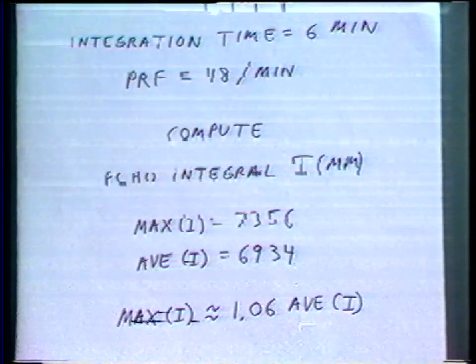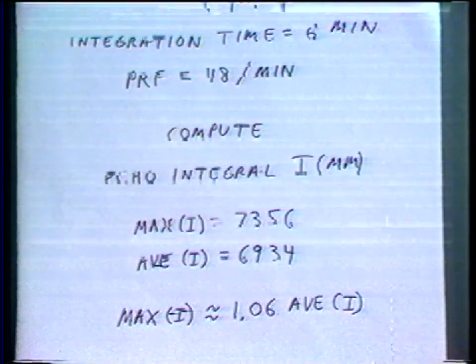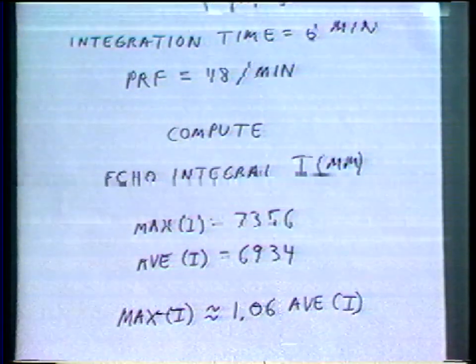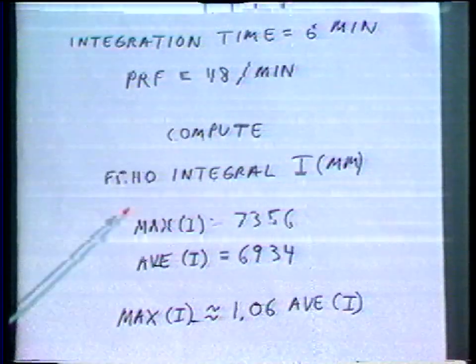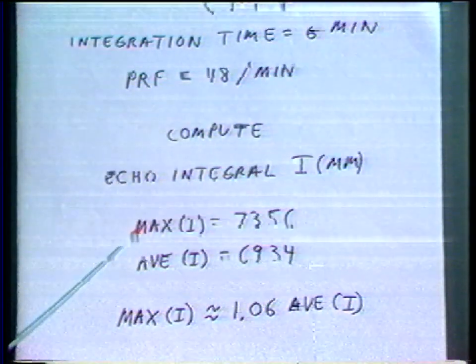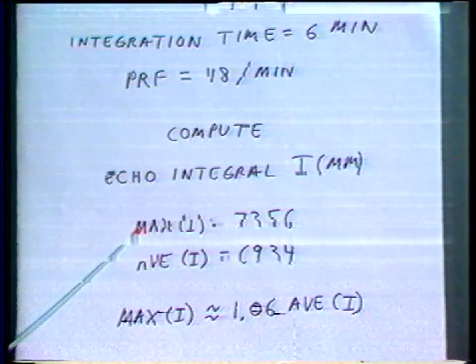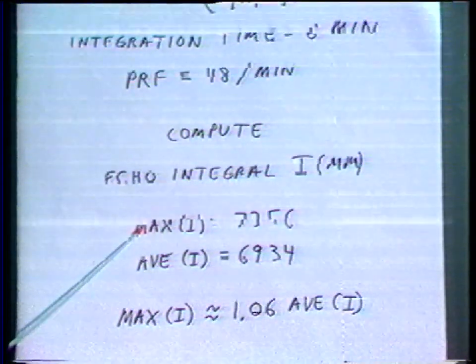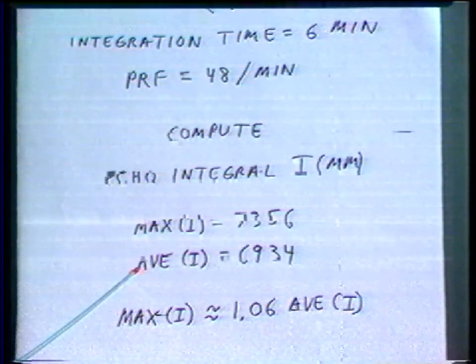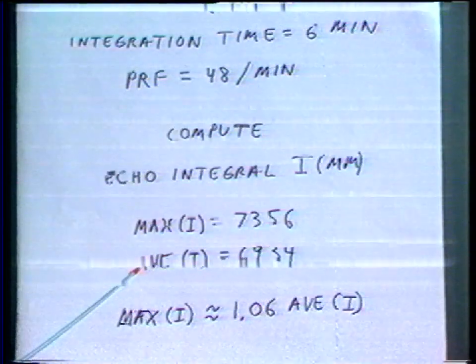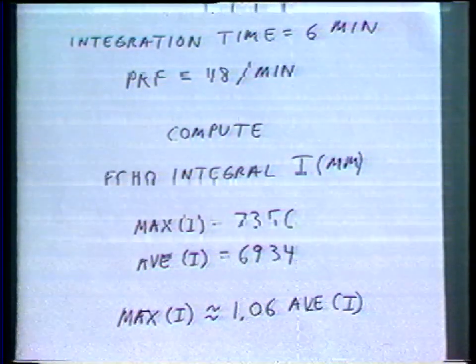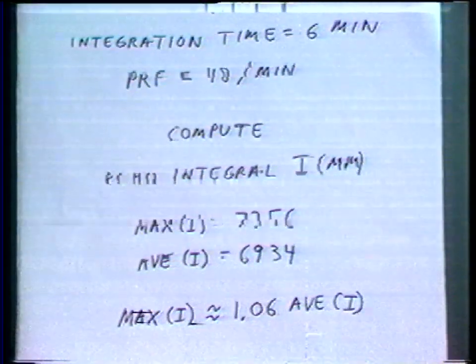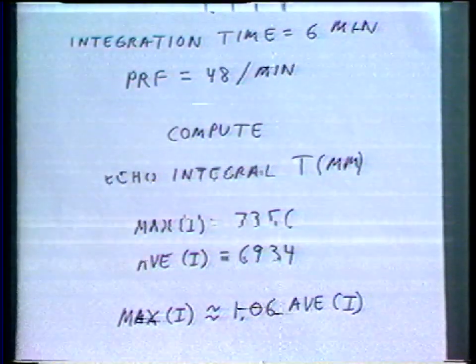The results, when expressed in the historical units of millimeters of equivalent pen deflection on the analog QM echo integrator, are that the maximum echo integral is 7356 millimeters and that the average echo integral is 6934 millimeters. The observed excursion of the maximum from the average is about 6%, which is reasonable.